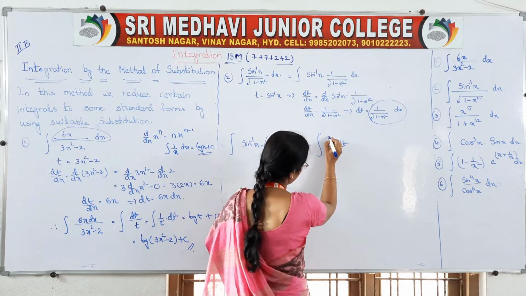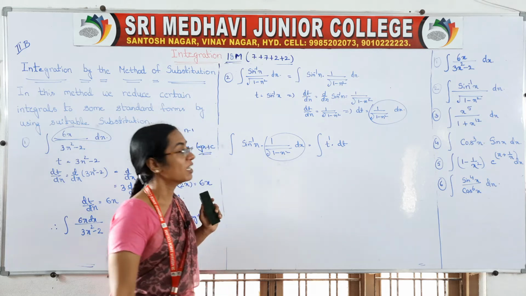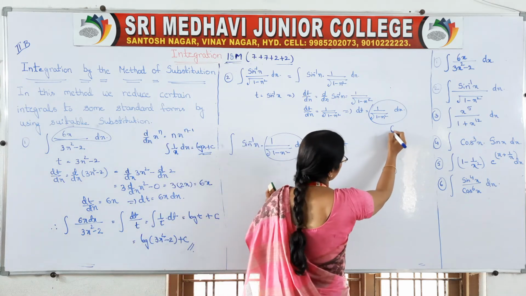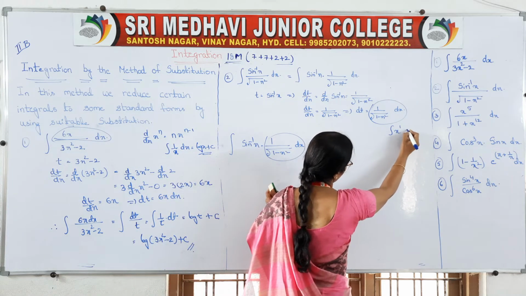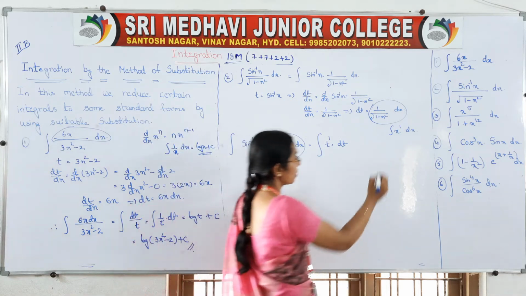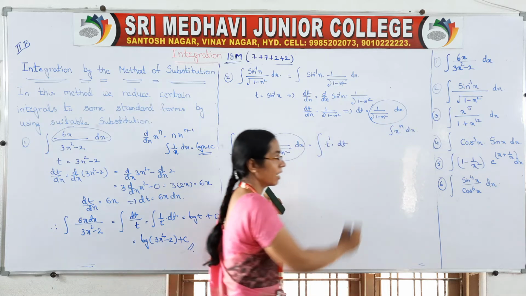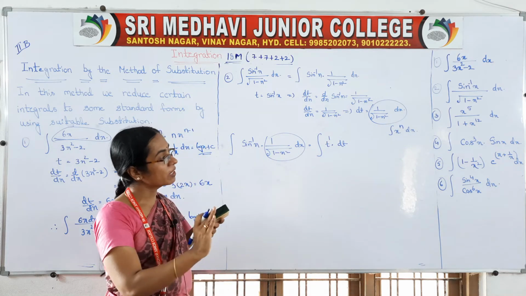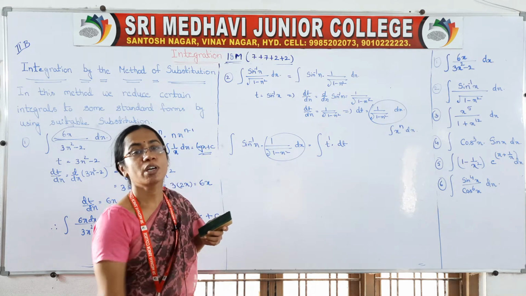So we can write this as t to the power of 1 dt. Which form is this? Simple form, integral of x to the power of n dx. Integral x to the power of n form, where x is raised to some power.